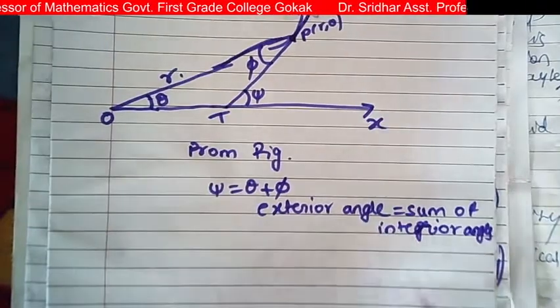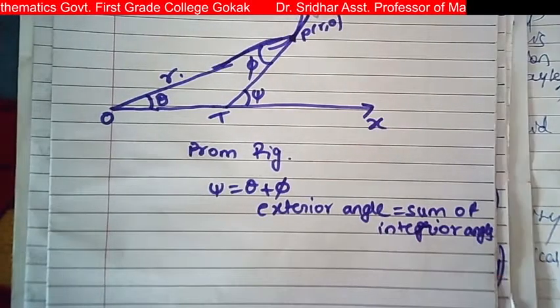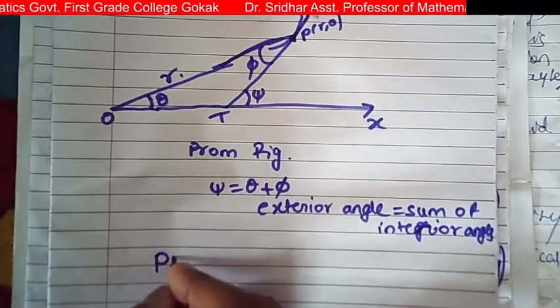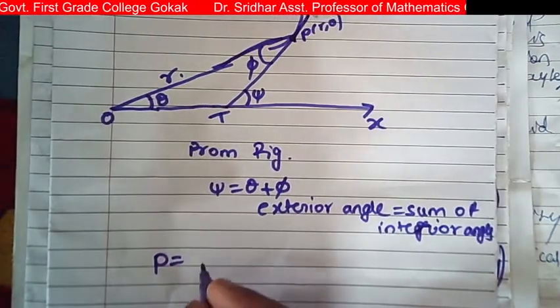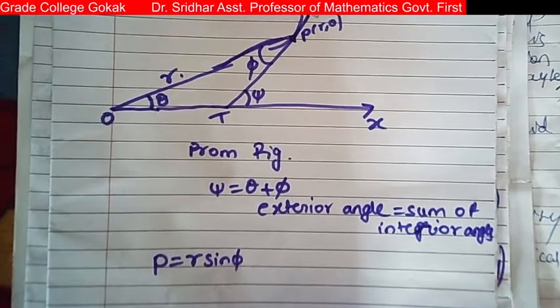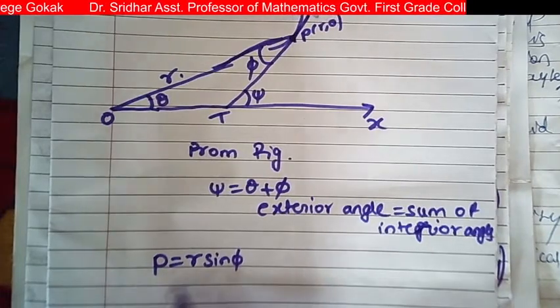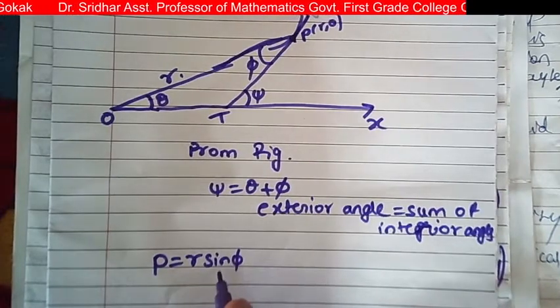And from the pedal equation, we know that the length of the perpendicular p is given by p is equal to r sin phi. Now differentiate this with respect to r.